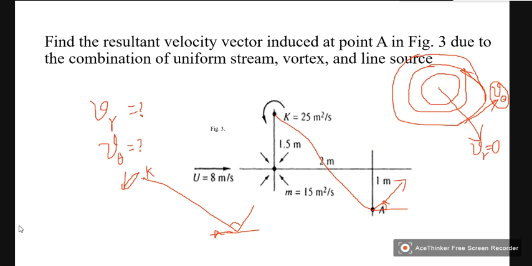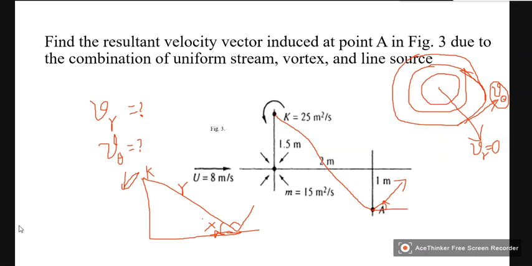So you have to find, using Pythagoras, you can find this angle. This we know, or we have to calculate.